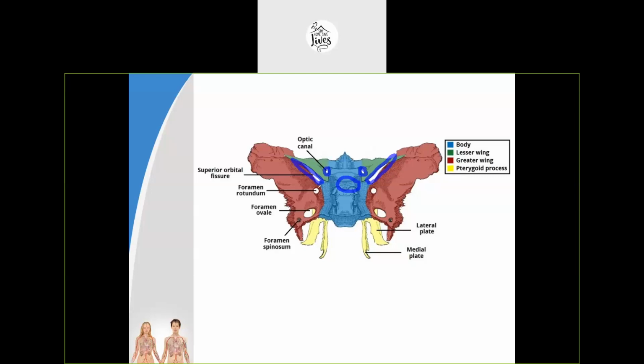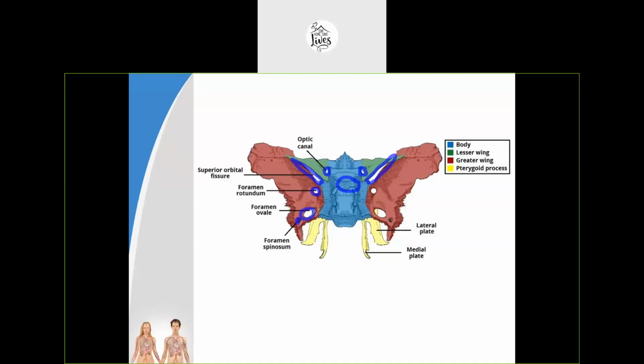Besides that, we have the foramen rotundum, that is the round hole or round opening lying in the medial part of the greater wing, and we have the foramen ovale, that is the oval-shaped hole posterolateral to the foramen rotundum, and the most posteriorly we have the foramen spinosum, that is the spiral-shaped foramen posterolateral to the foramen ovale. So these are important openings on the sphenoid bone that we can find.